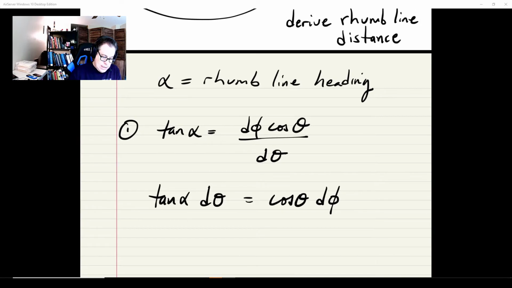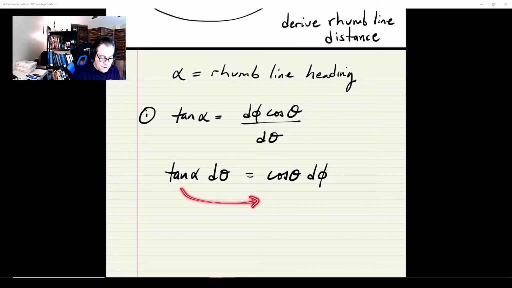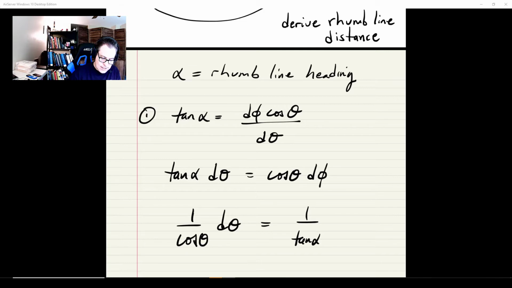And because this is cosine of theta and this involves theta, I'll put this factor over on the other side, and because this is a constant, it doesn't really matter what side it's on, but it'll be convenient to write it on the other side. So we'll end up with 1 over cos theta d theta is 1 over tan alpha d phi.